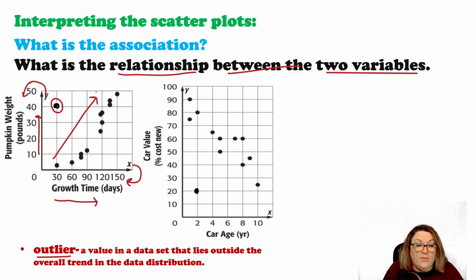The second graph that we have is comparing a car's age in years with the value of that car. And once again, we have another outlier here. I'm just going to circle it because it doesn't look like it fits with most of this data. It does look like there is a negative trend because from left to right, it looks like it's going down, which means that as the car ages, gets older, the value is going to decrease.